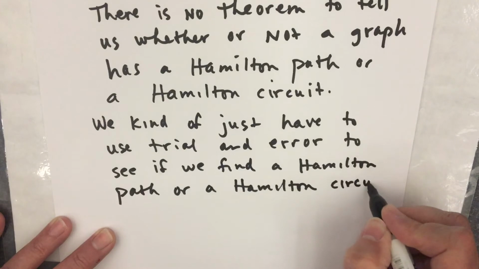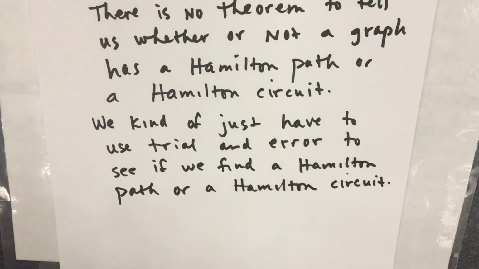And just because you didn't find one doesn't mean the person next to you might not find one. So it does sound like we're on shaky ground a little bit.